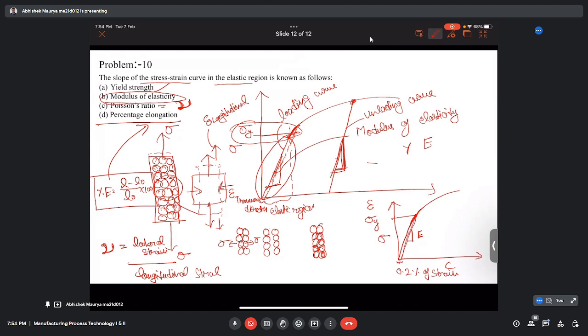So I have told you all the definitions. But if you concentrate on this question, the slope of the stress strain curve in the elastic region gives Young's modulus or modulus of elasticity. Okay, so the correct answer is B.